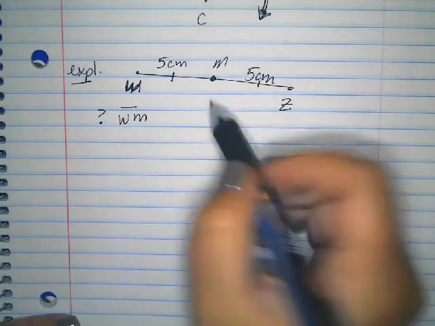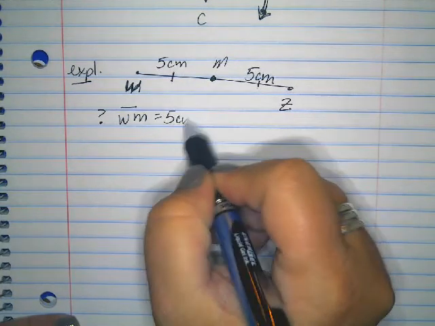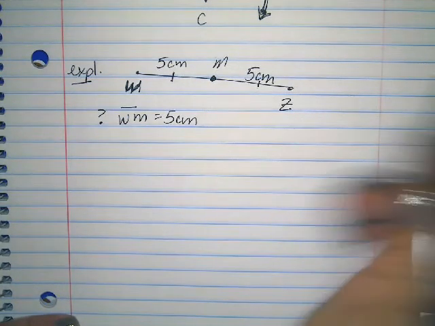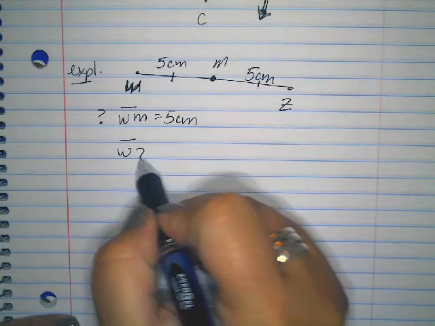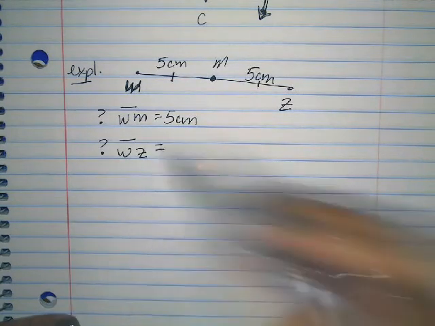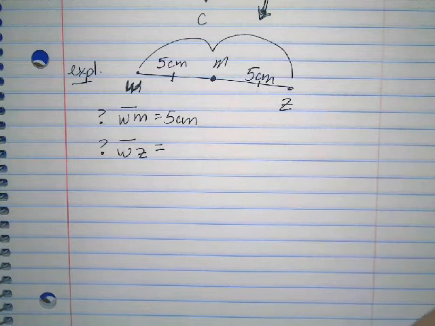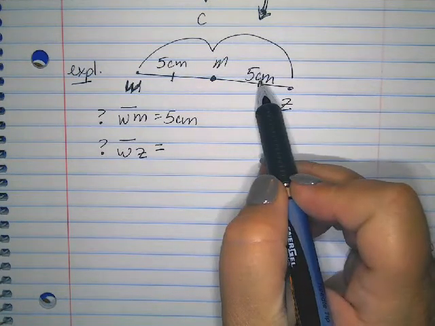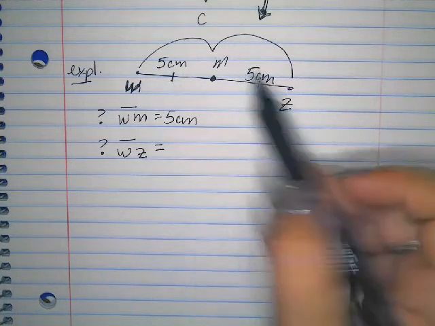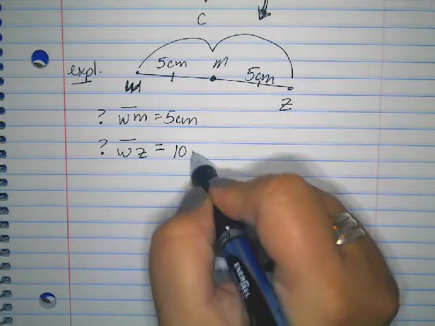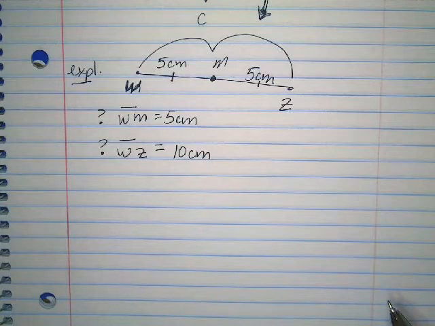And we, of course, know that it's 5 centimeters. Sometimes, though, the book is going to say, what about WZ? WZ is the whole piece. Well, again, if I know one of the little pieces, I can figure out both of them, and essentially I can add them together. So it'll depend on what they want.